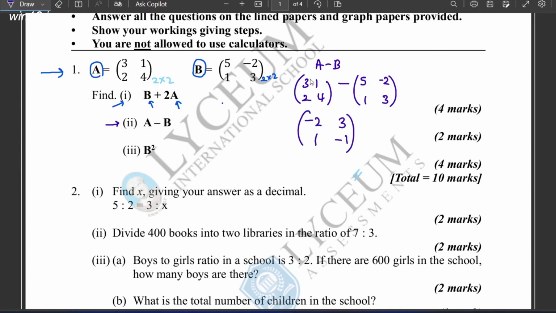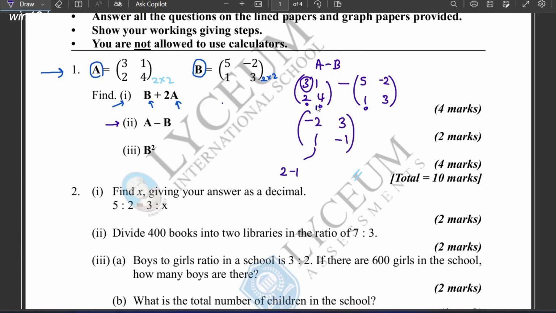Right? So we subtract: 3 minus 5, we get minus 2. 1 minus minus 2 means 1 plus 2, that's 3. This is 2 minus 1, 1.